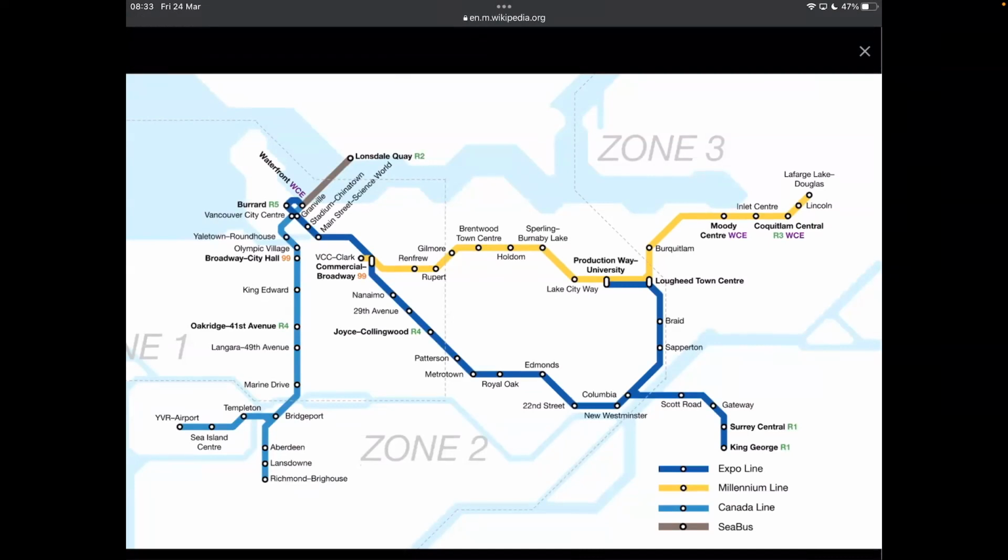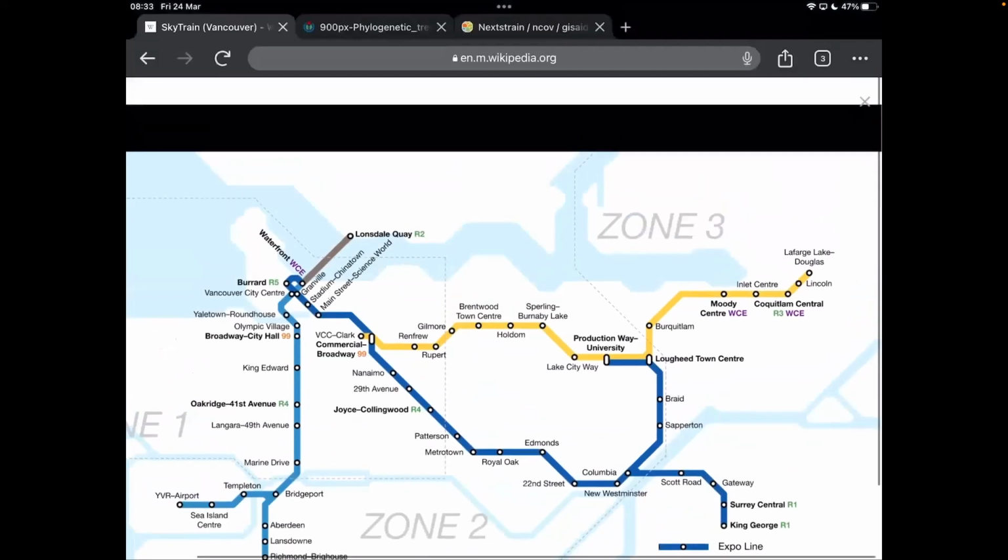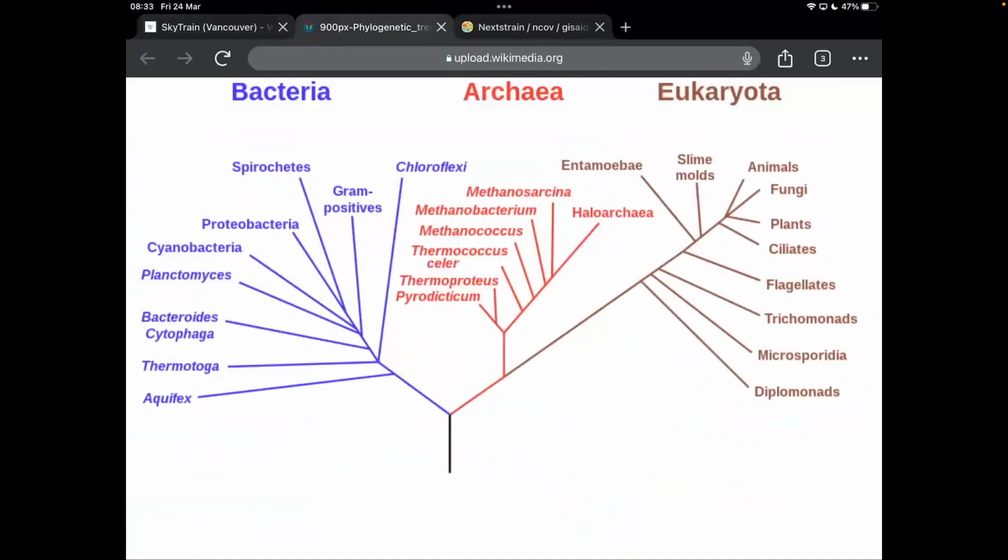So these representations, when we put them in graph form, tell you something about the relationship between, say, edges and stations. So the lines of tracks and the stations that they connect to, but they don't necessarily represent accurate distances in the real world.